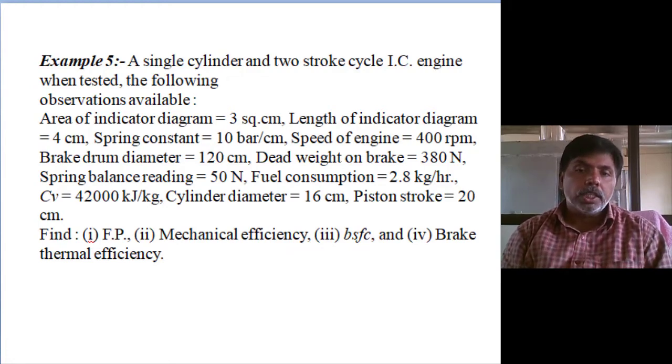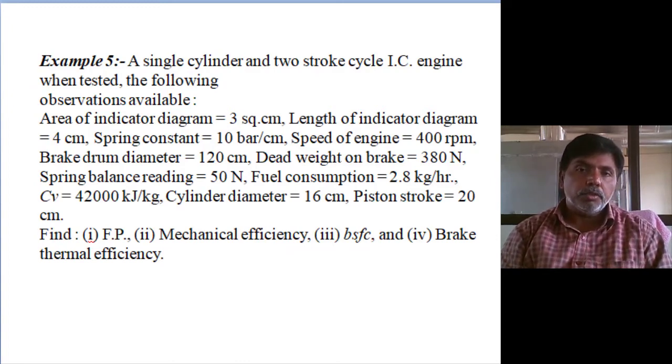Next, fuel consumption 2.8 kg per hour. Here it is given directly, so there is no need to convert the units. Next, calorific value of the fuel is 42,000 kilojoules per kg.